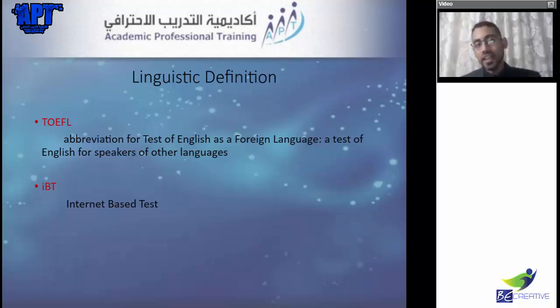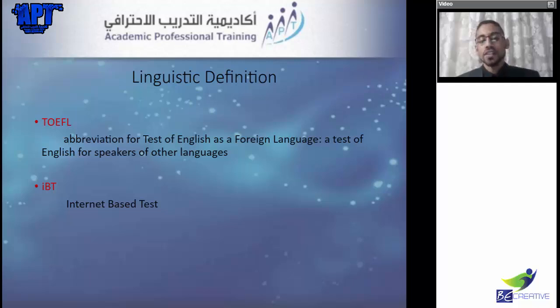If you're not American, not British, not any native speaker of English, you need this certificate to show other organizations that you can speak English and interact with English well. Okay, so that's the first thing.